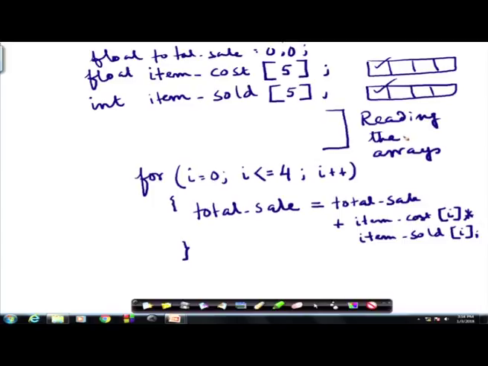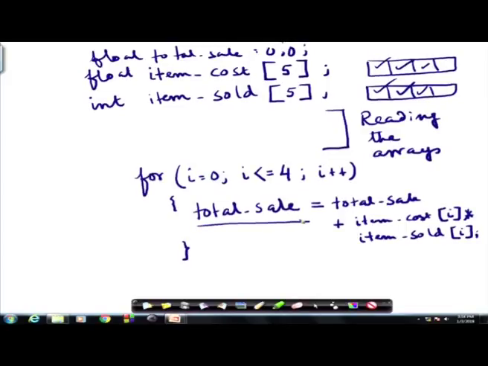First I multiply these two, add it to total sell. Next, in the next iteration i is incremented, I take these two and multiply them and add it to the total sell. Then I do these two, and I go on in this way. By using this array I will be able to add all these values and I will get the total sell at the end.